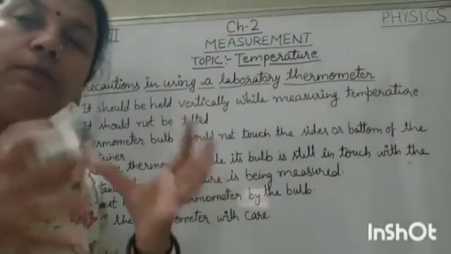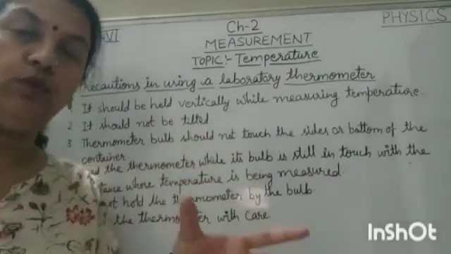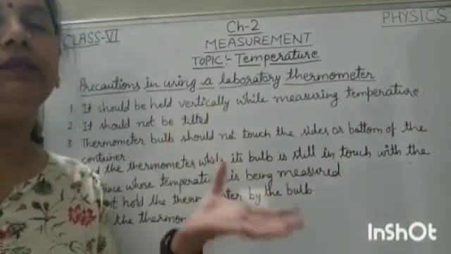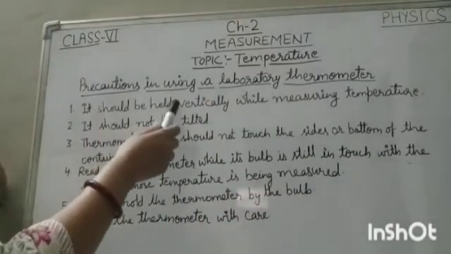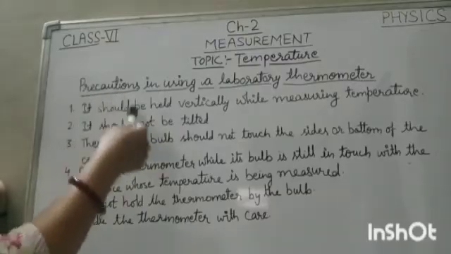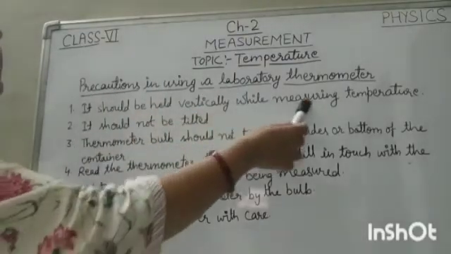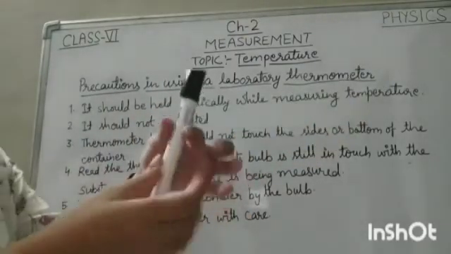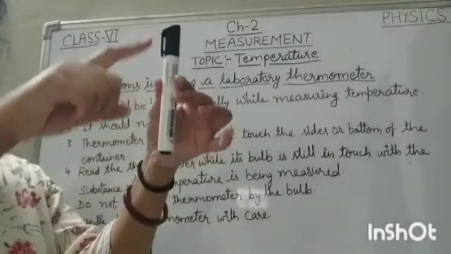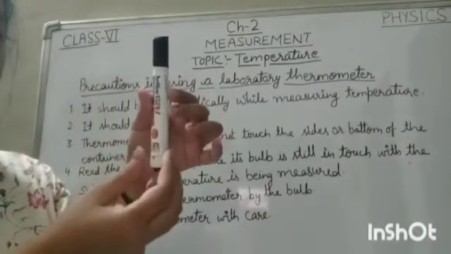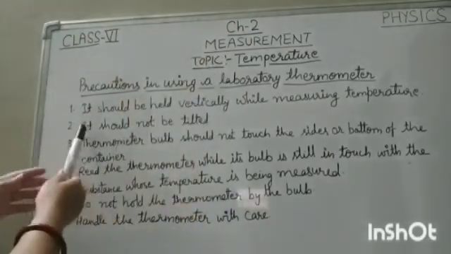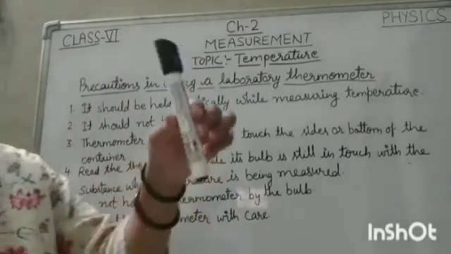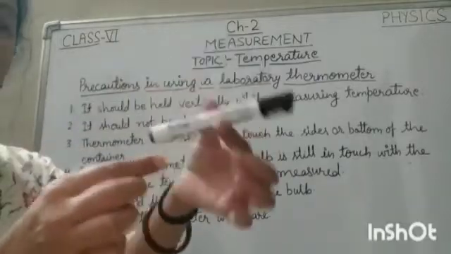Now, there are some precautions which should be followed while using a laboratory thermometer. First, the thermometer should be held vertically while measuring temperature, like this. Second, it should not be tilted like that.